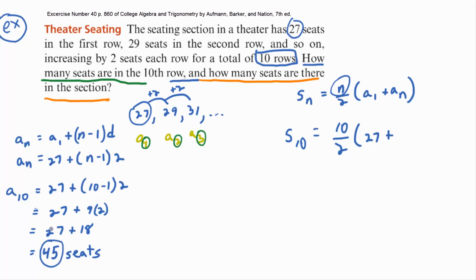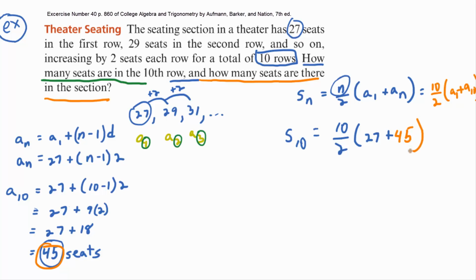Well, good news, we found it in the first part of the problem. So in this particular problem, n is 10, so it's 10 over 2. And then in here it's A1 plus A10, right? A1 is 27, that's what I have here, plus A10, which we already found. If we hadn't already found it, what would you have to do?